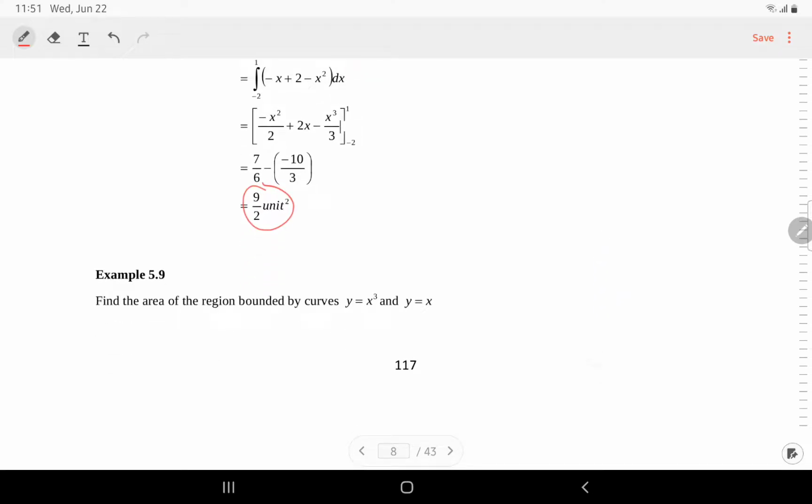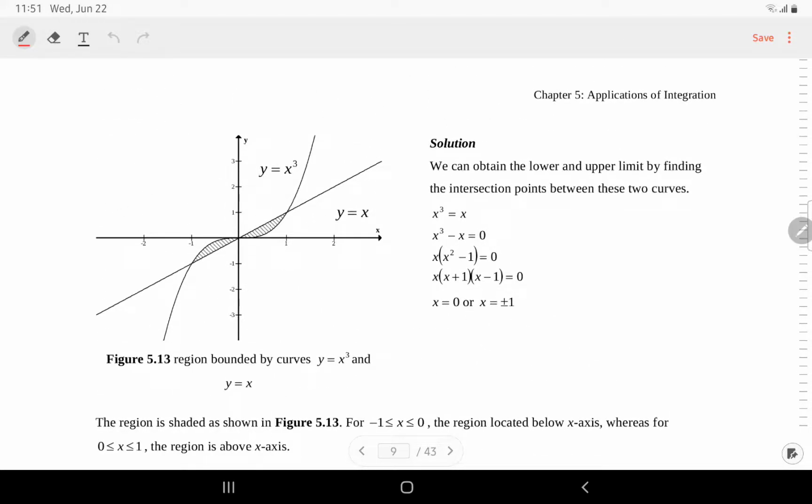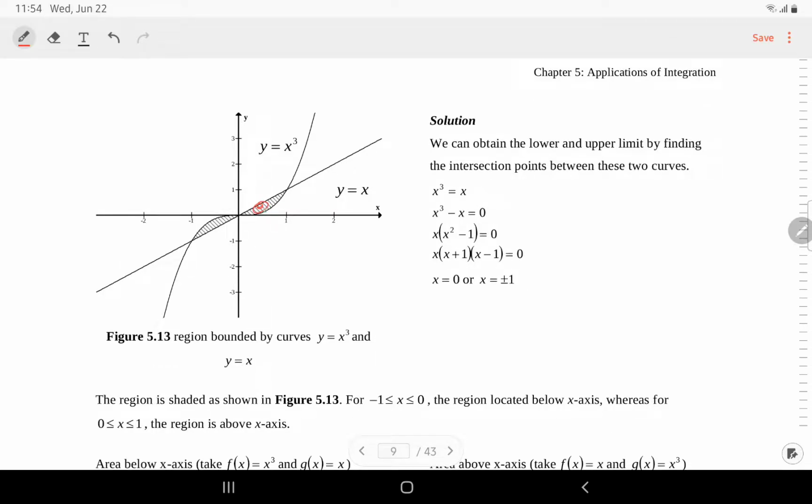Okay, next example. Example 5.9. Okay, so this time pun kita kena ada 2 option lah. Whether you want to divide the calculation into 2 sub areas because this area is located above x-axis, tapi dekat sini below x-axis.